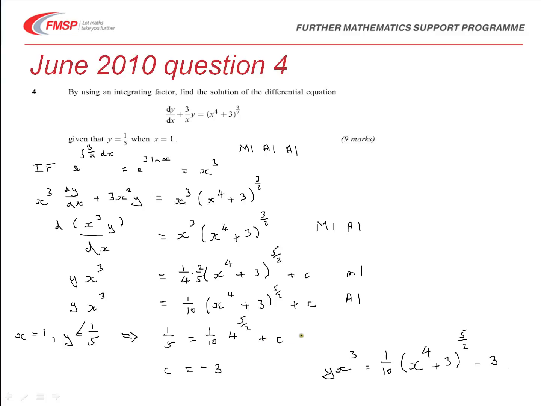Then for substituting in your condition values, you'll get 1 mark, and from that obtaining the correct value of c and stating the answer, you get the final mark to give you 9 marks in total.